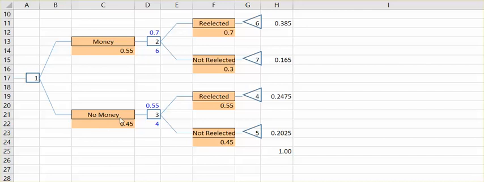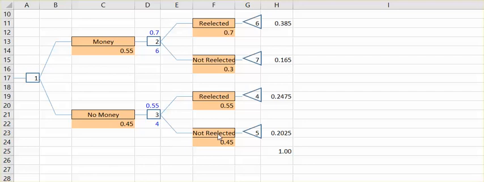No money raised, 45%, and of that, he still has a chance of being re-elected at 55%. The complement of that would be not elected at 45%. Don't raise the $100,000, 45%, and of that, there's a 45% probability that he will not be elected. So this is what I'm saying from the standpoint of always doing a tree diagram.